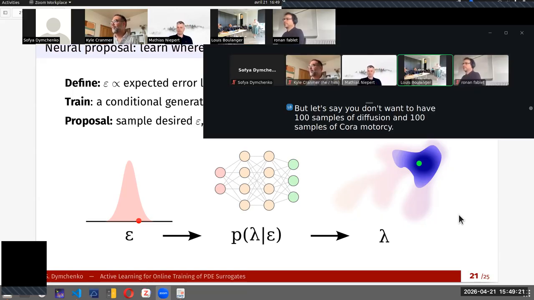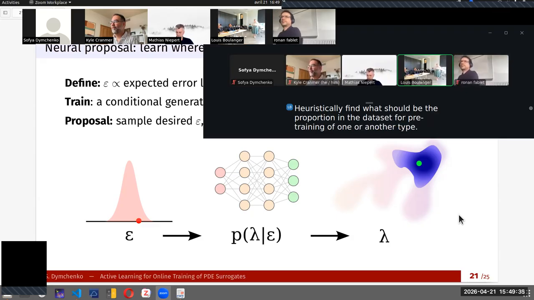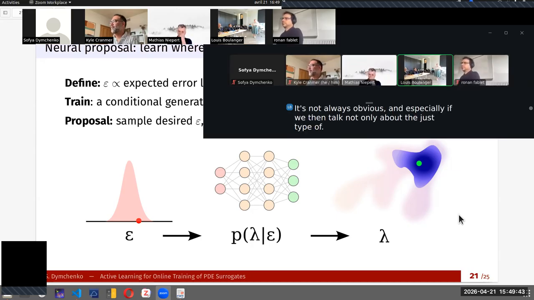You probably want a different distribution, and of course you can yourself heuristically find what should be the proportion in the data set for pre-training of one or another type of PDE, but maybe it's not always obvious, especially if we talk not only about the type of PDE, but also the type of initial condition.